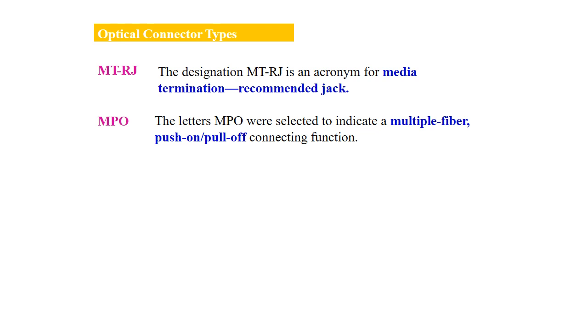And MPO. The letters MPO were selected to indicate multiple fiber push on pull off connecting function. For these optical connector types, insertion loss for a connector with an 8 degree angle will vary from 0 decibels with no gap.